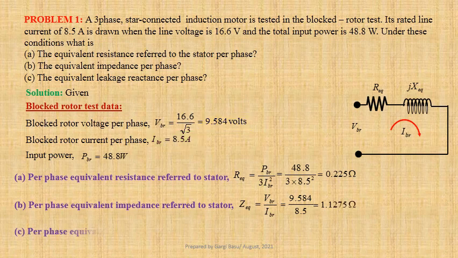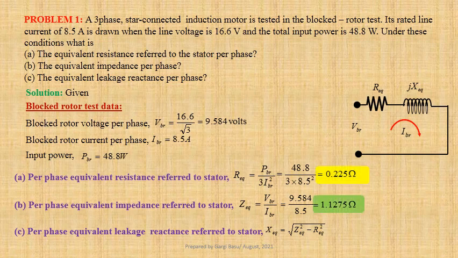Per phase equivalent leakage reactance referred to stator XEQ equals root over ZEQ square minus REQ square. Using values we get root over 1.1275 square minus 0.225 square, that gives us 1.1048 ohm.